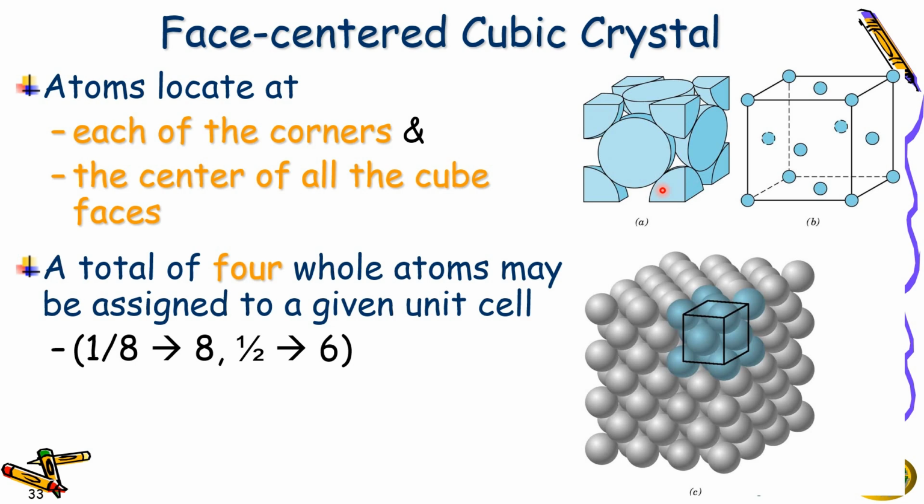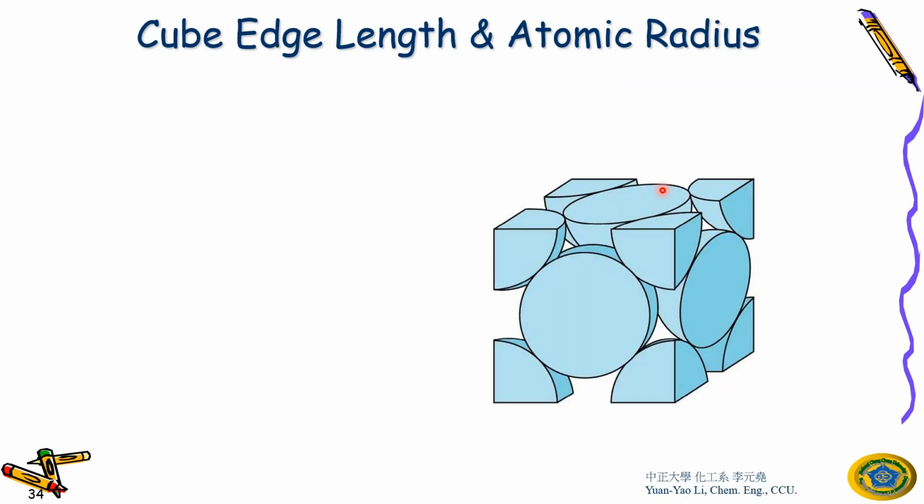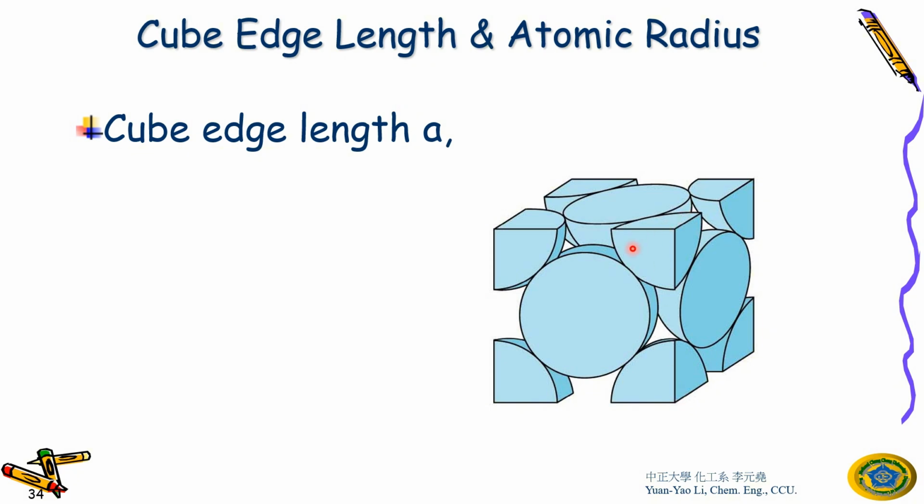Okay? So 4. Again, in order to know APF, you need to know the cube edge length and the atomic radius, right? So look, this is cube edge length a, and this is 4R.